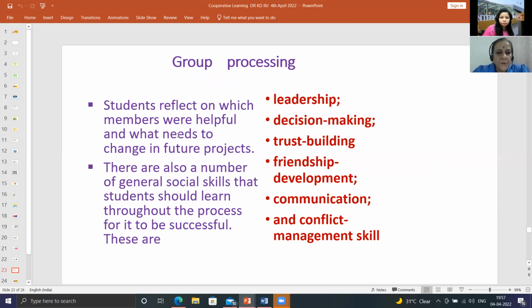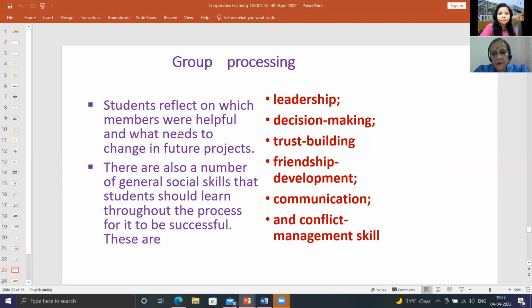And there are also a number of general social skills that students should learn throughout the process for it to be successful. These are leadership, decision making, trust building, friendship development, communication, and conflict management skills.